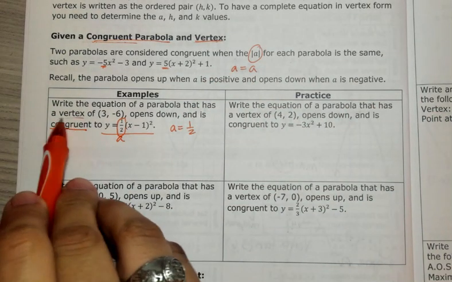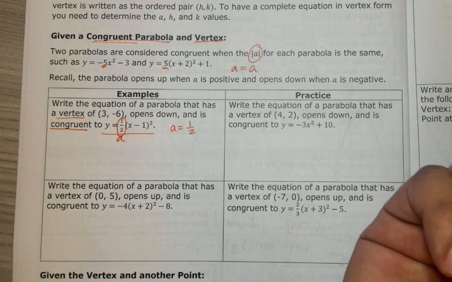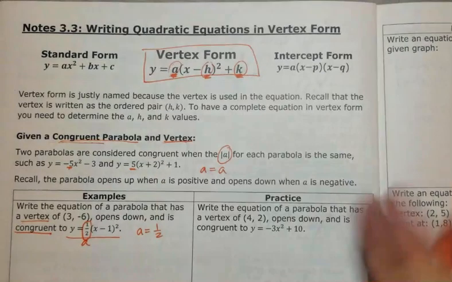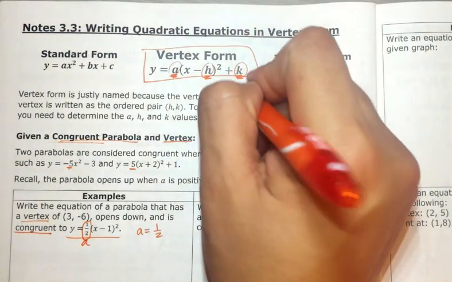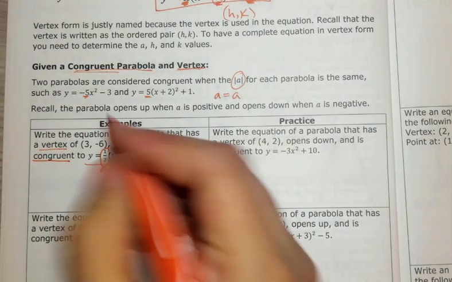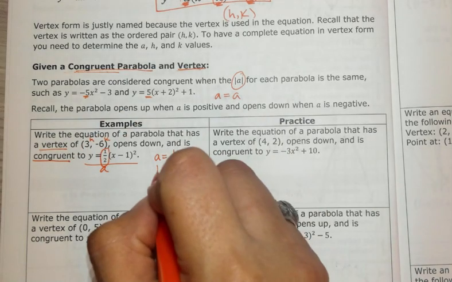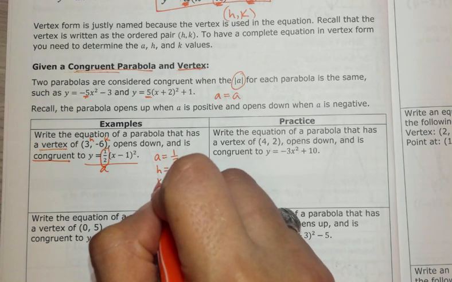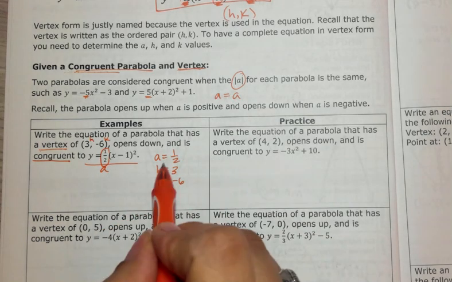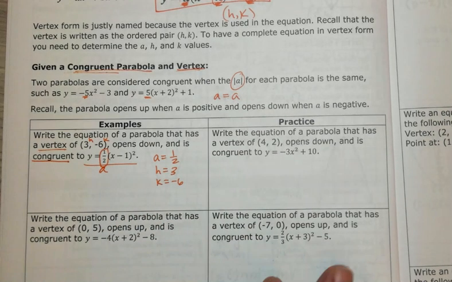Then they give you the vertex, and the vertex is the letters H and K combined. So we're going to label this 3 and -6 as H and K. H is 3, K is -6. With these three values, we can write our equation already.